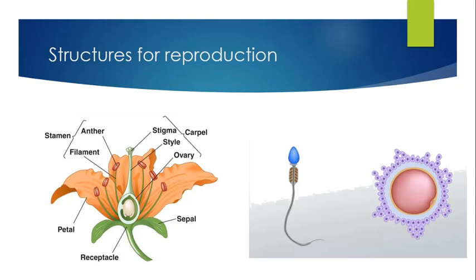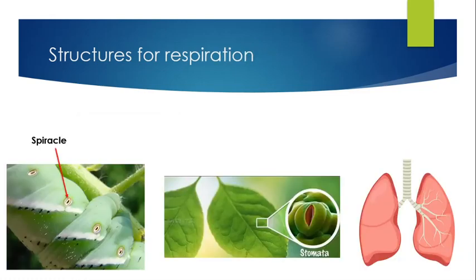The seed is a source for a new plant. In animals also we have male and female cells for reproduction, the sperm cells and the egg cells. The sperm should fertilize the egg to reproduce and make a new species.